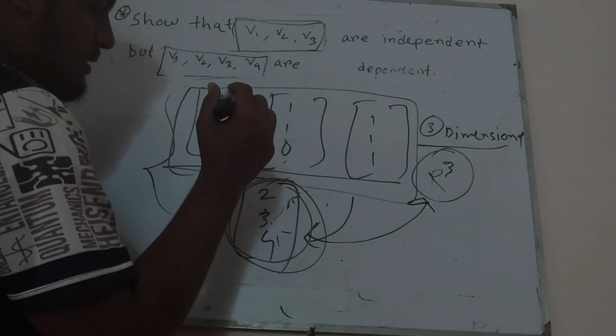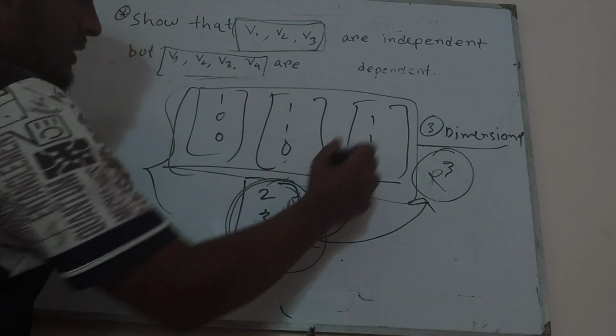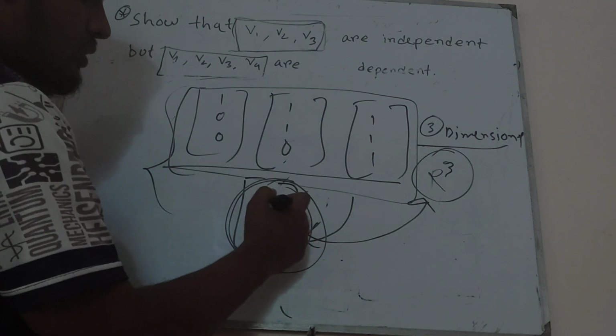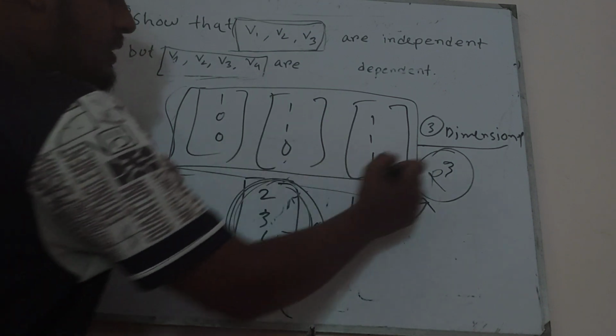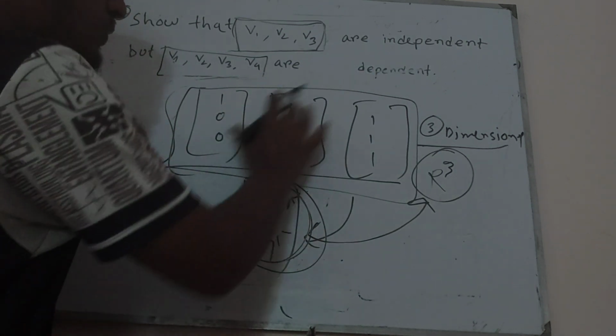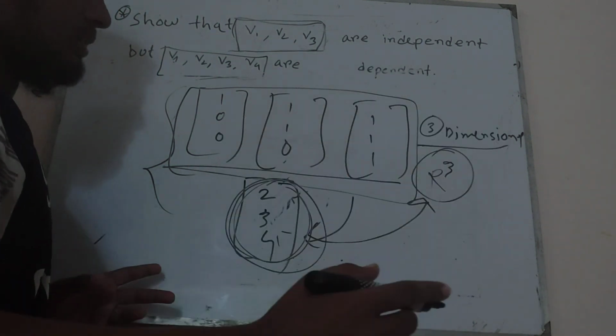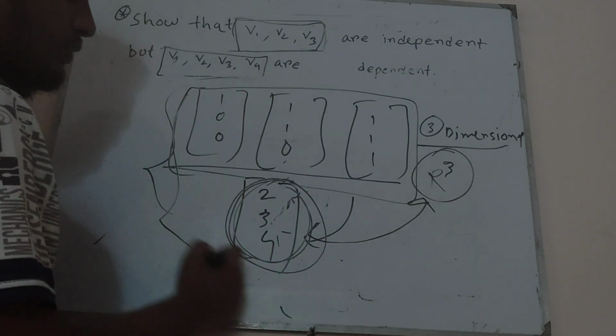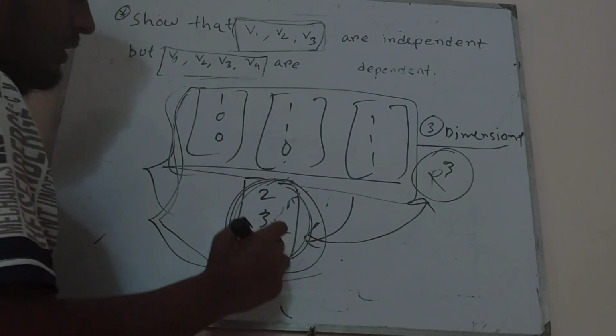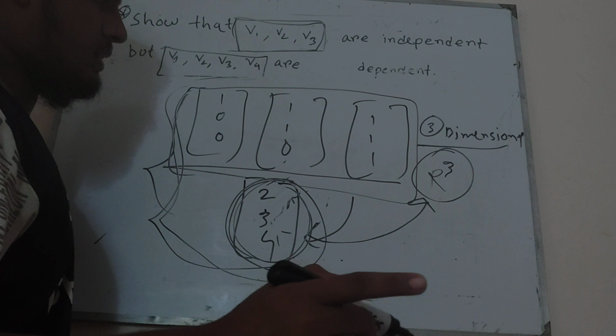So this vector is not giving us something new. That's why these 4 vectors are linearly dependent.